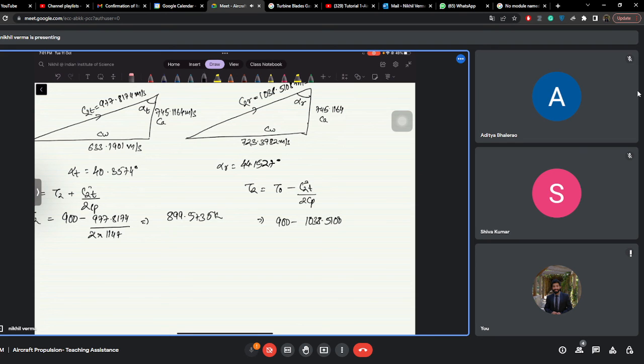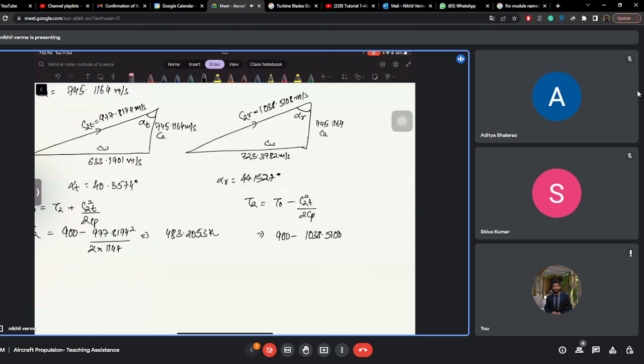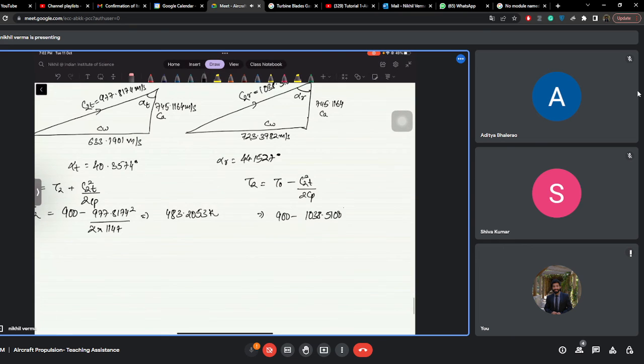Okay, should be square, right? Yeah. Okay, one minute, let me calculate it. So this is 900 minus 977.8174 square by 2 into 1147. Okay, then the temperature is 483.20 Kelvin, and at this point you have 1038.5108 square.